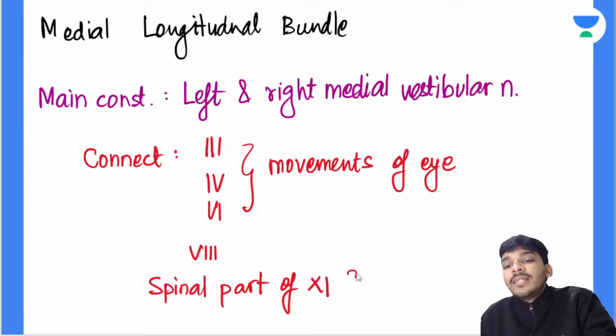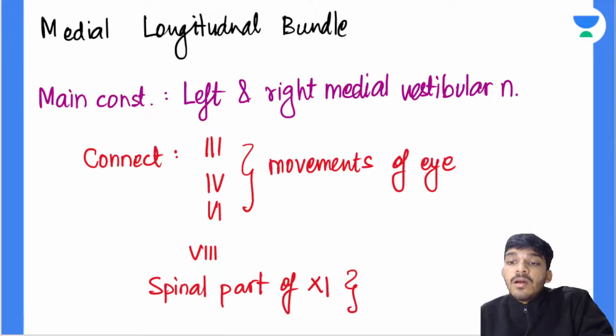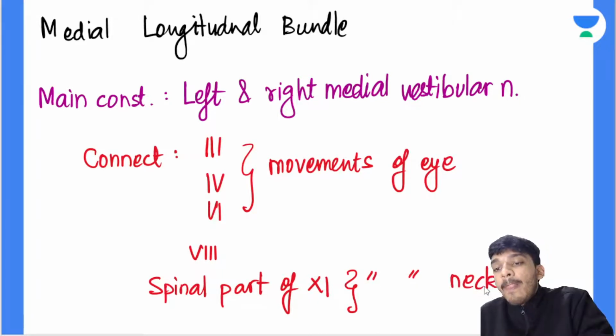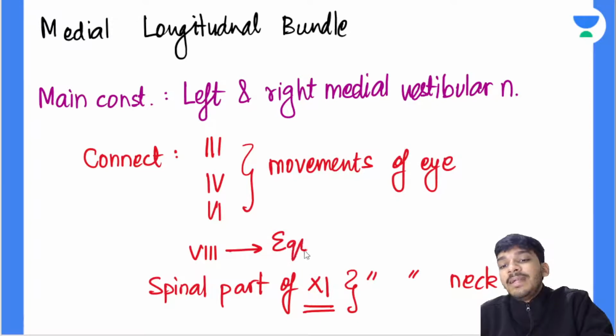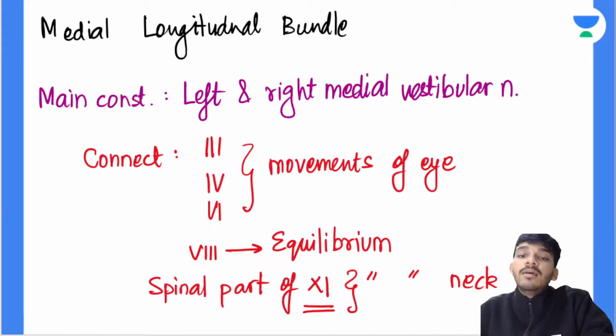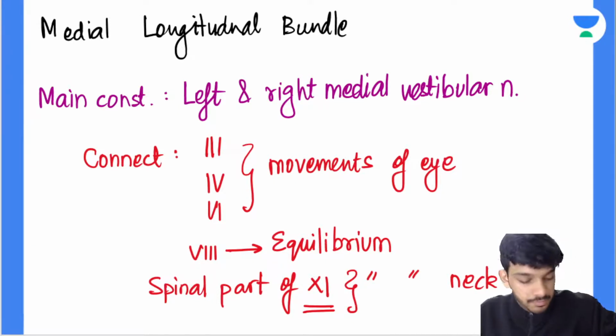That is why they are also responsible for movements of the neck, because remember, this supplies the trapezius muscle, which is responsible for neck movements, and this is responsible for maintenance of equilibrium. So that is the function of the medial longitudinal bundle.